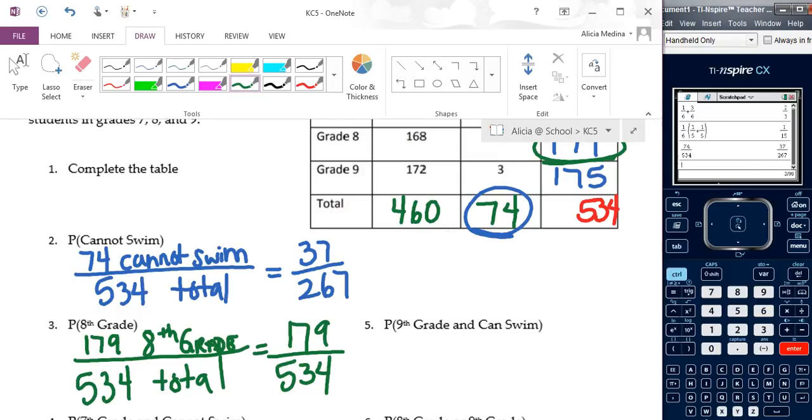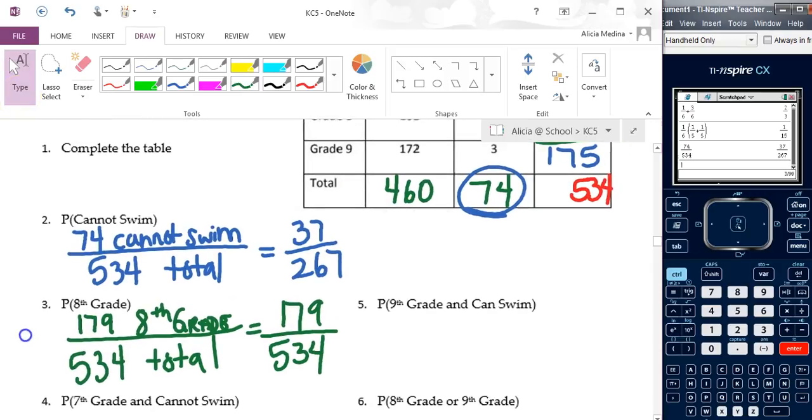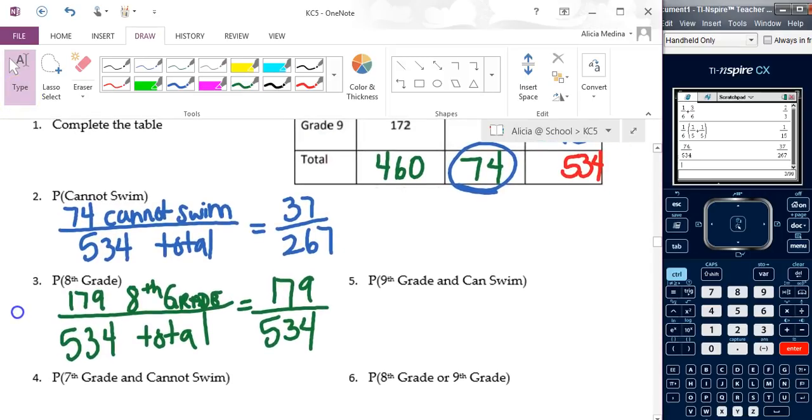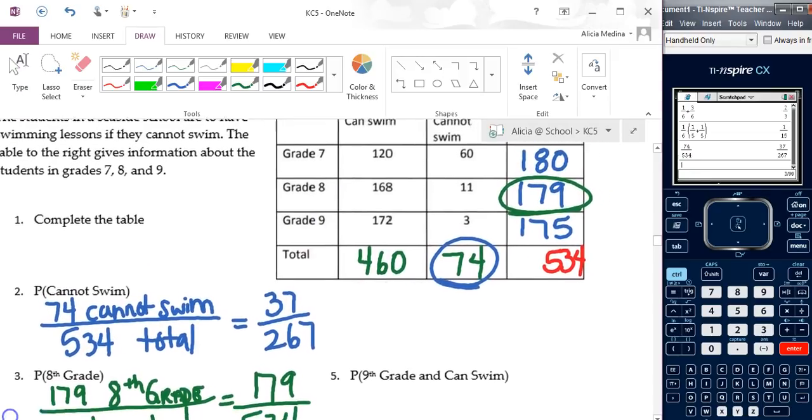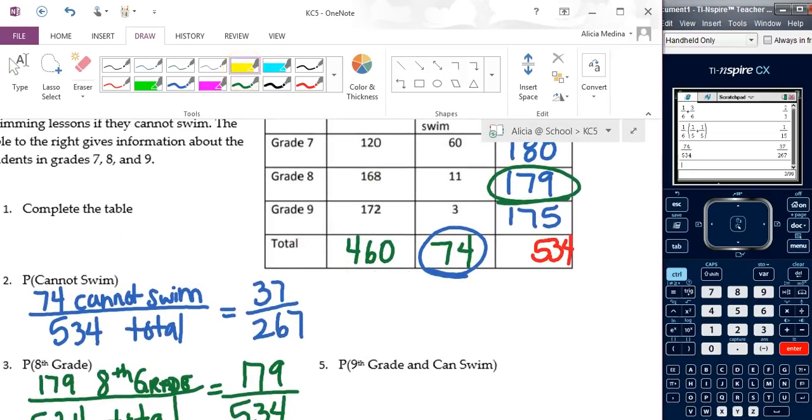Going on to our next example, number 5: the probability of a 9th grader and can swim. So this is the difference. When I see the word and, I have to look for wherever 9th graders meets the people that can swim. So how many of my 9th graders can swim?